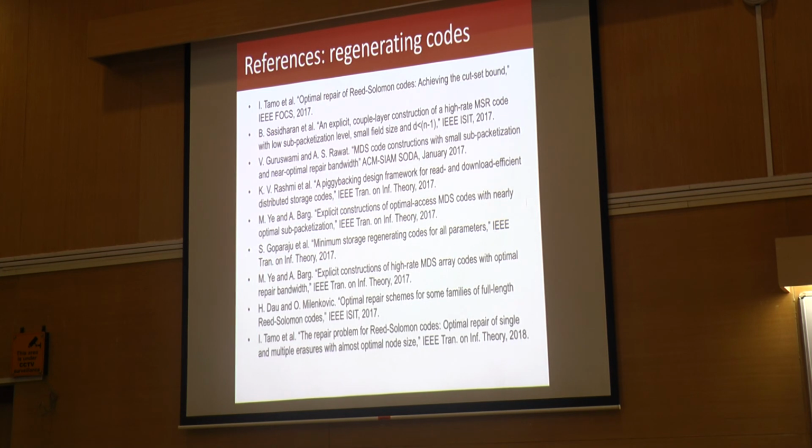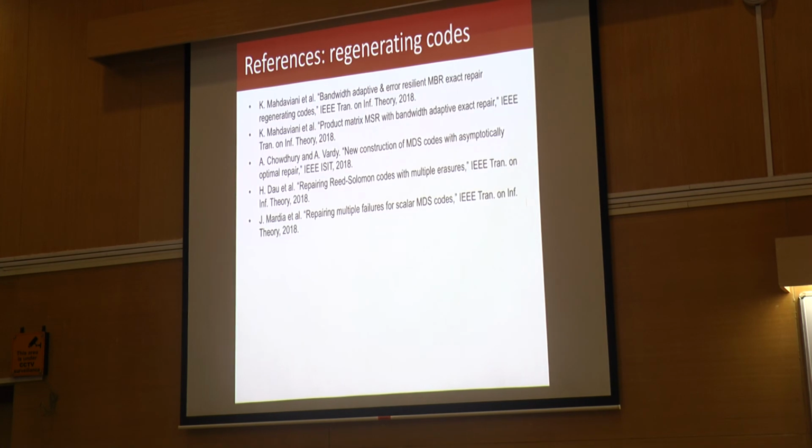And this is still not everything. There are a lot of other works, and I would encourage you to look at these references if you're interested, and references therein, and works that cite these works. There's really a large body of work on this.